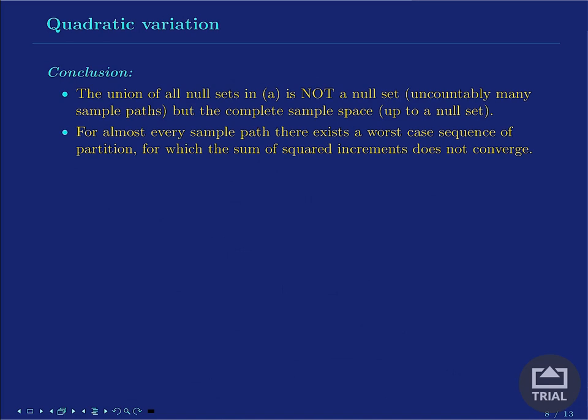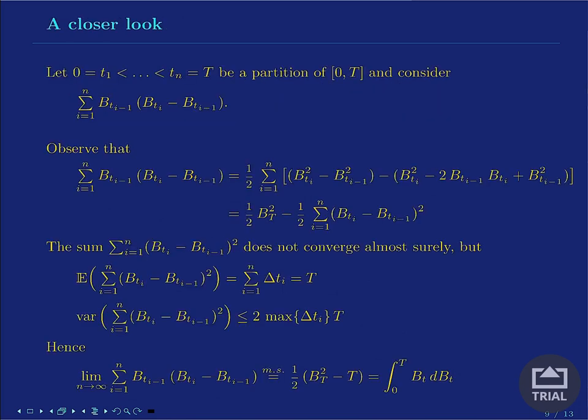So the second remark here in the conclusion is what we already said, that for almost every sample path there exists a worst case sequence of partitions for which the sum of the squared increments does not converge. So have a closer look at the approximating Riemann-Stieltjes sum for this integral b dbs.